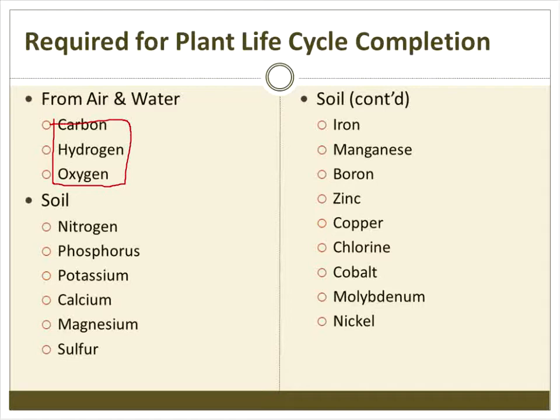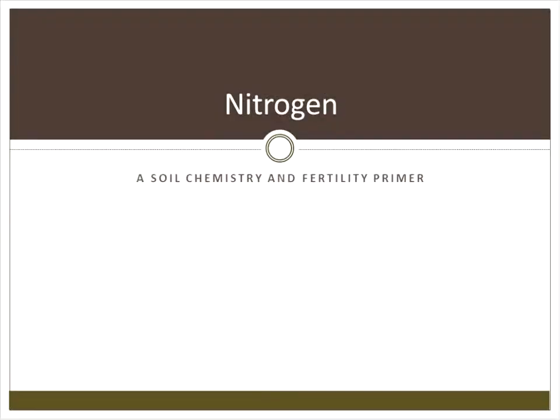All of those come from the soil, all right? So how we manage the fertility of the soil is darn important, because it makes all the difference as to whether or not that plant is going to survive. The ultimate source for those nutrients is the soil.